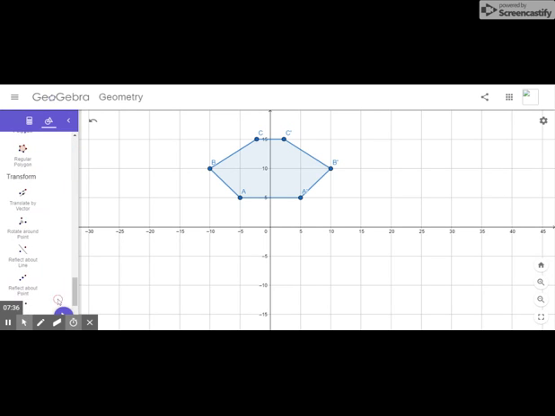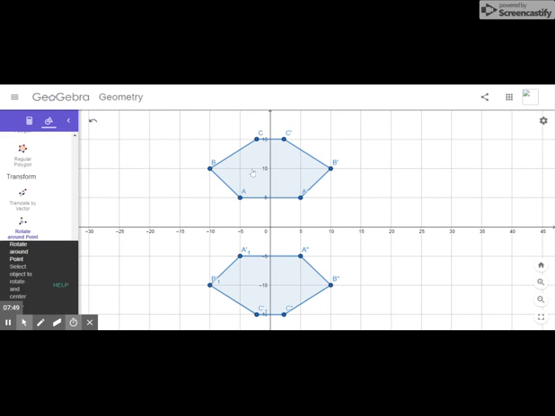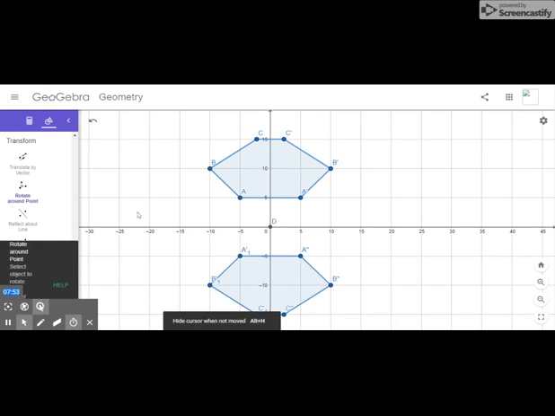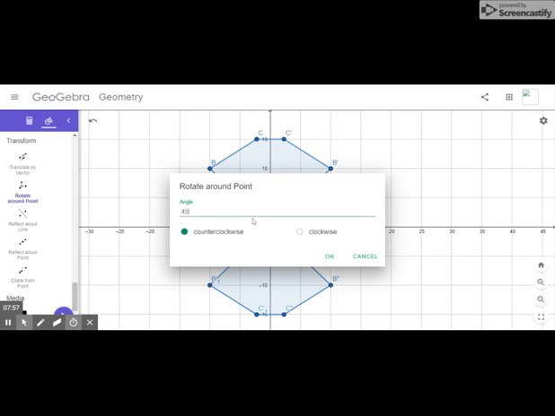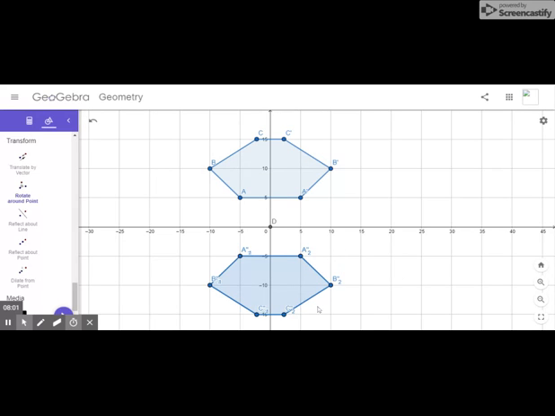Now, if I reflect this entire polygon across the x-axis, you'll notice that the figure is the exact same as if I rotate the figure about the origin. So if I rotate this about the origin 180 degrees, those images correspond.